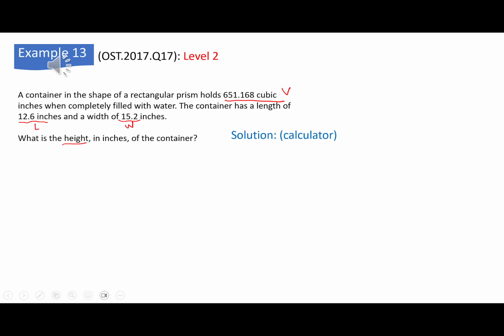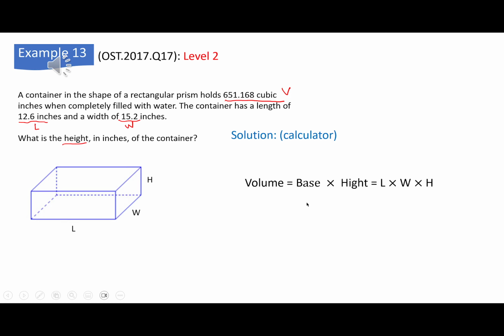Okay, so now the solution. I can quickly draw a rectangular prism. It's not difficult to draw. What do we know? We know the length and the width. We know the volume, but we don't know the height. Volume is base times height, again, length times width times height. I'm going to substitute now. Volume is this number given to me.